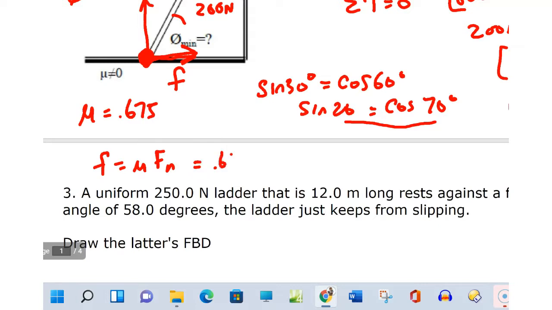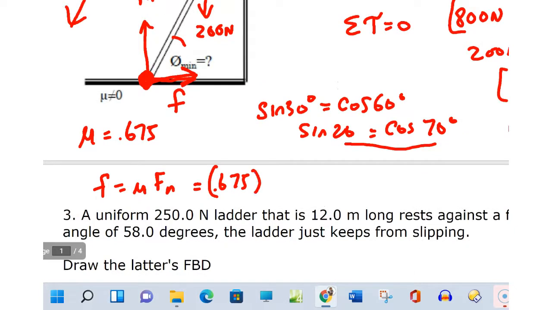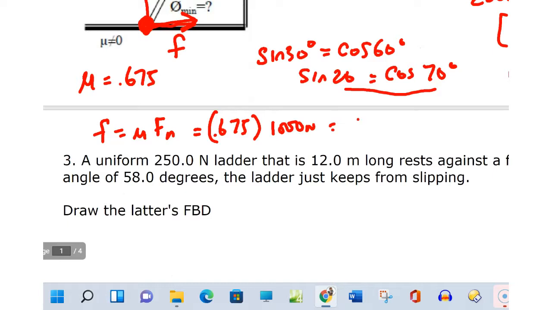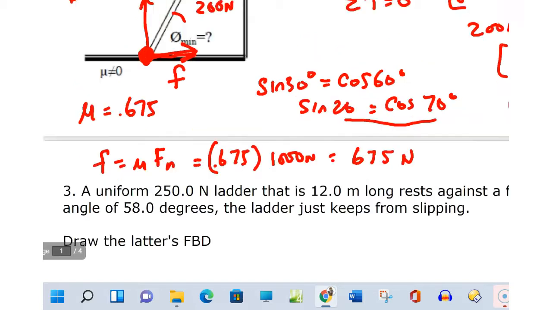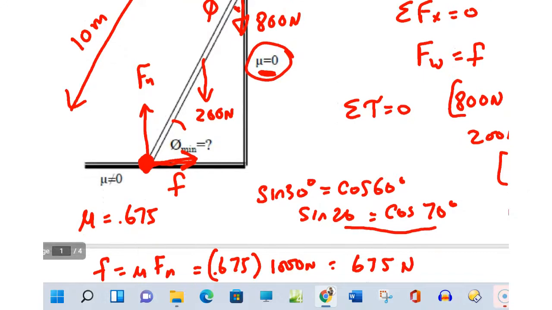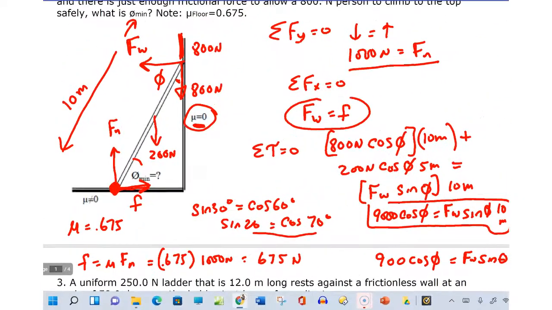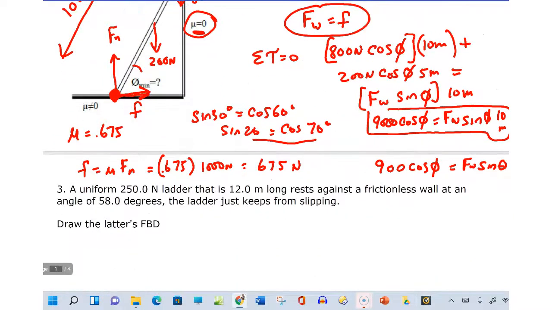So 0.675, we were given that, times the normal, which we found up here. Remember, that's 1,000. So the friction is 675, yep, newtons. Now, but we also know, it's quite complicated, isn't it? The friction equals the FW. So I can go to this equation over here and replace FW.